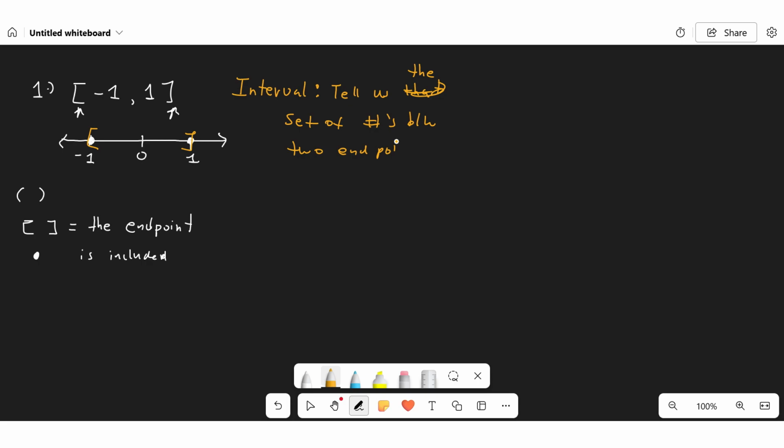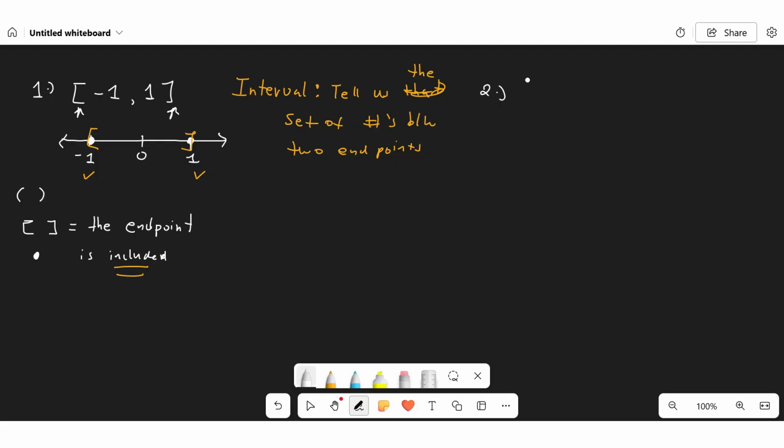So between endpoint -1 and endpoint 1, the numbers -1 and 1 are included if we were to write a set. Let's move on to example number 2.